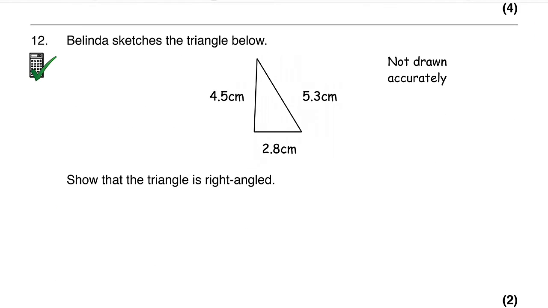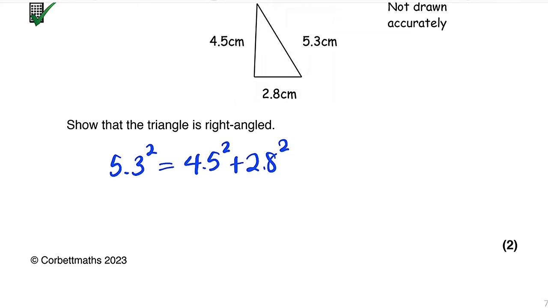Question number 12. We are asked to prove that this is a right angle triangle. So let us apply the principle. 5.3 squared equal to 4.5 squared plus 2.8 squared. All we have to do is to simplify both sides to see whether we're going to get the same value.